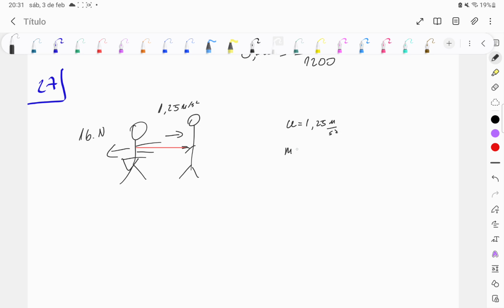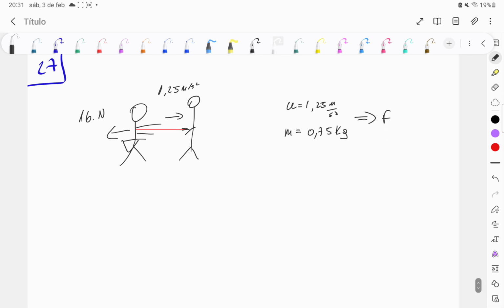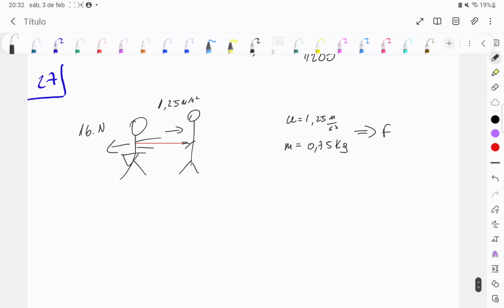The mass is equal to 0,75 kilograms. Mass times acceleration. What can we get with this? The force. What force? The force that is being applied on the rope. And what do we know about force and movement? As I told you, everything stays still unless you apply a force.